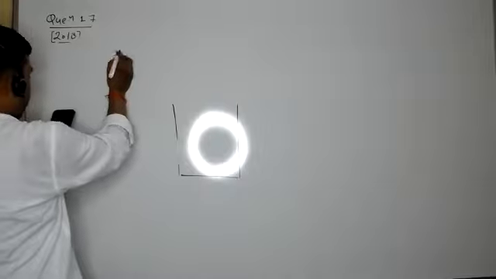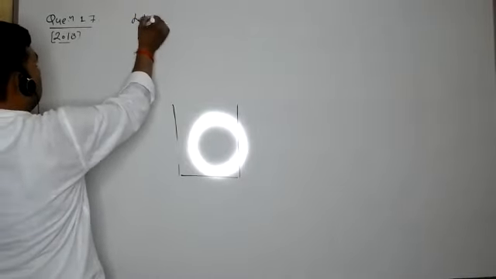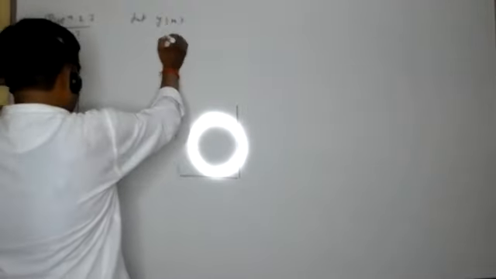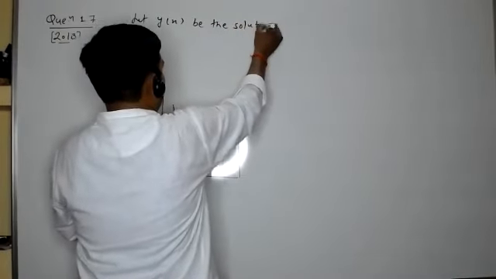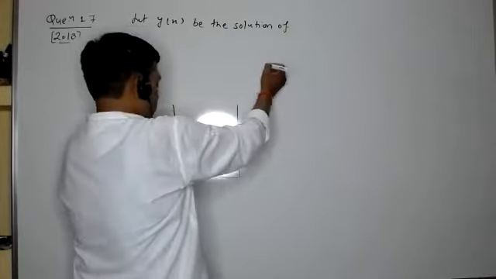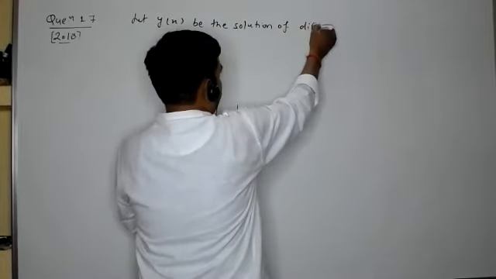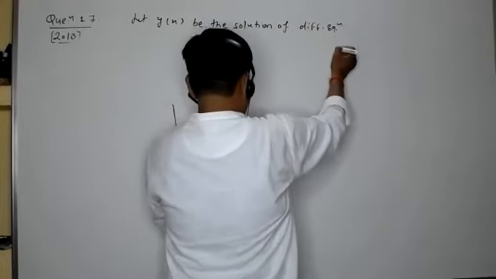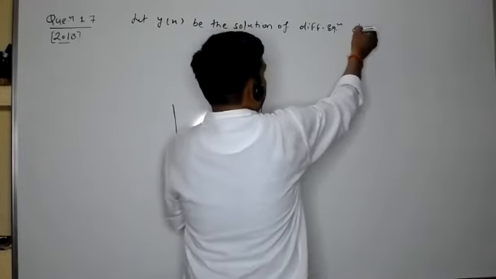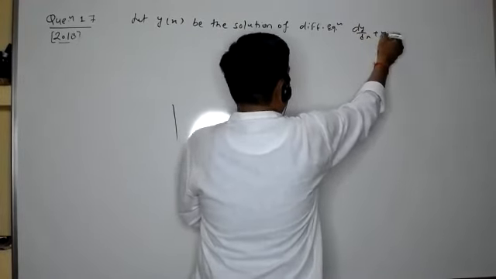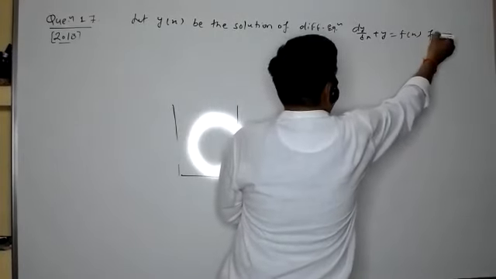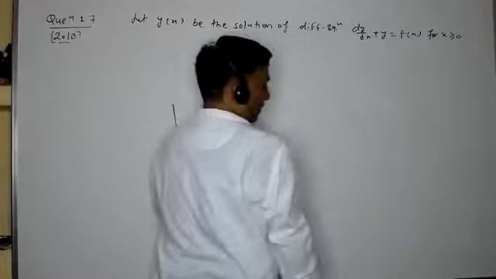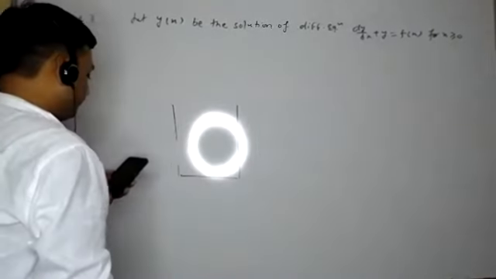Question number 17. Let y of x be the solution of the differential equation dy over dx plus y equals f of x for x greater or equal to 0. Fair.